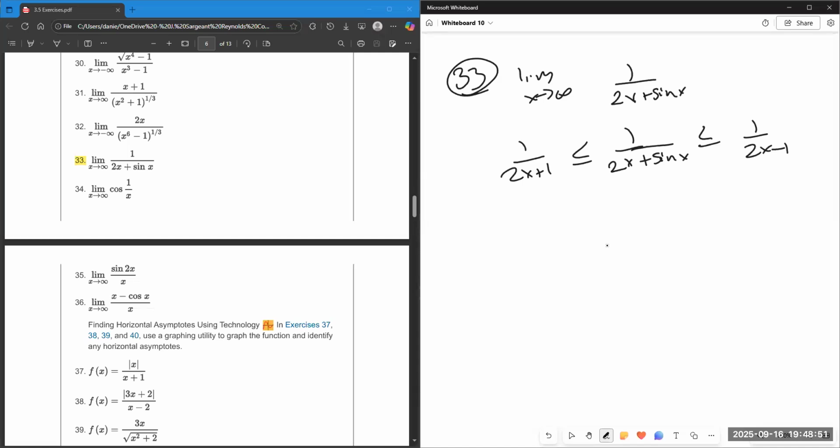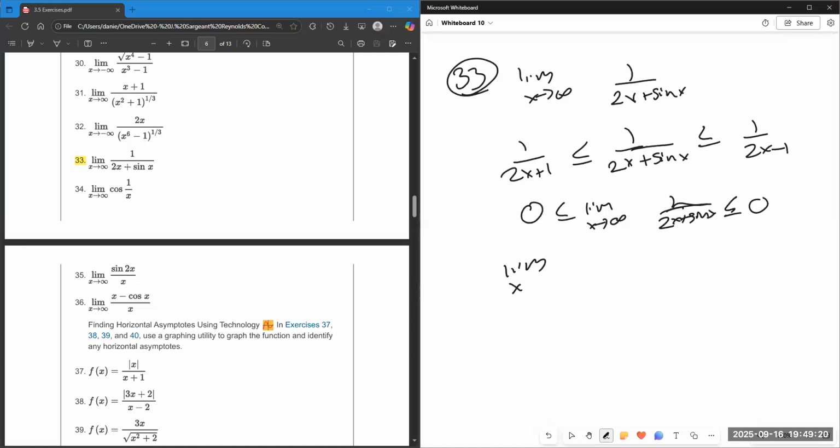So when I take the limit of everything here, because the denominators are going to positive infinity, 1 over infinity is going towards 0. This limit as x goes to infinity of 1 over 2x plus sine x has to stay between this lower limit of 0 and this upper limit of 0.